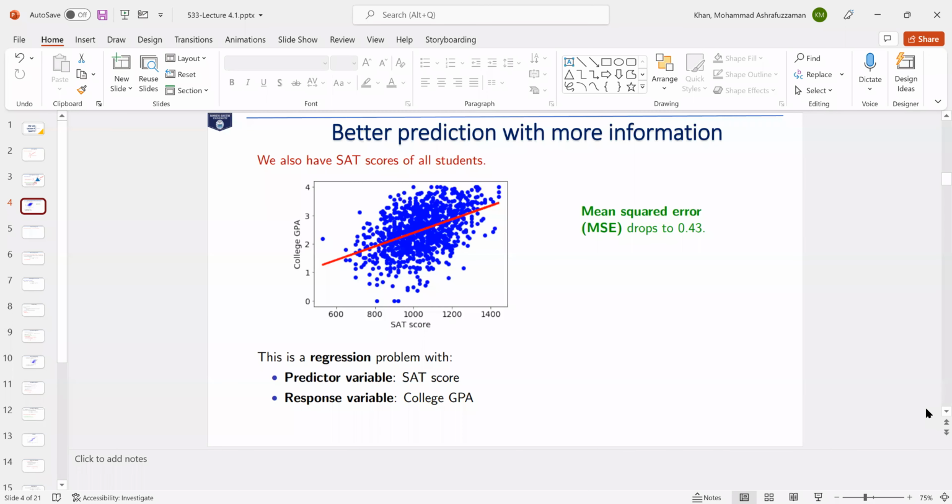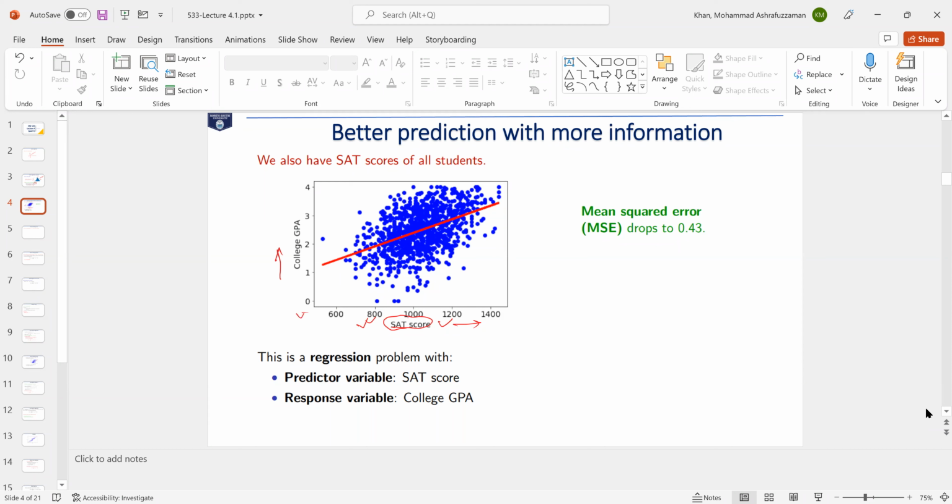Now, suppose we have one feature, for example, the SAT score. In this graph, this axis plots the SAT score, and this axis plots the GPA of the student. Suppose we want to predict at the beginning of a student's life.